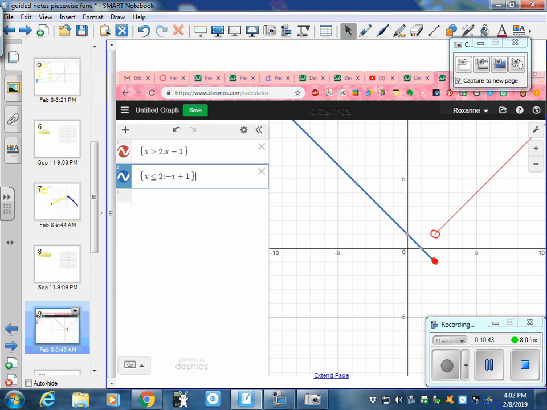You put in that one, and then you put in your second one, and then it graphs the lines, and here you have an open circle because it's not equal to, and the blue one has a closed. So you have a closed and an open circle. So make sure when you sketch these that you get that.